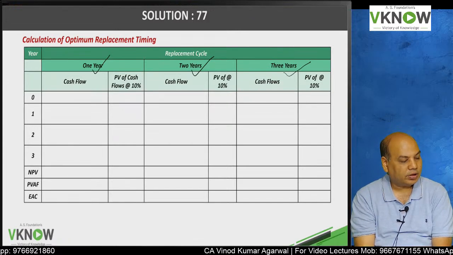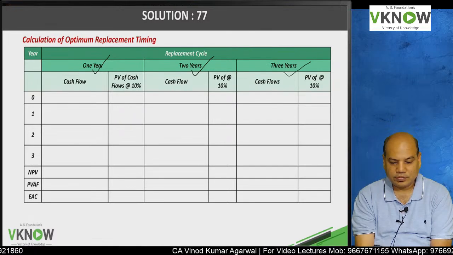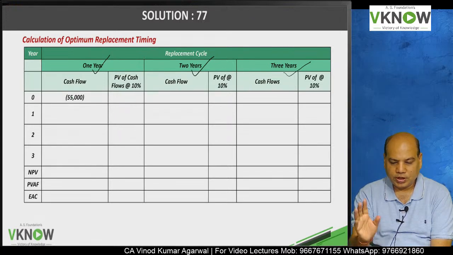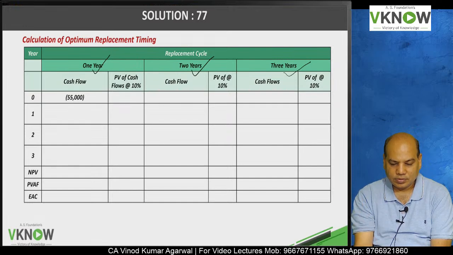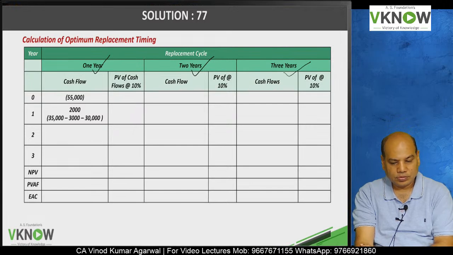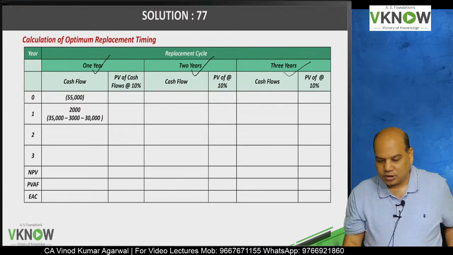We have done this in the previous problem also, but by making separate tables. This time I am not preparing separate tables. Suppose I replace every year, my cash flow in year 0 will be 55,000, the cost of the machine.